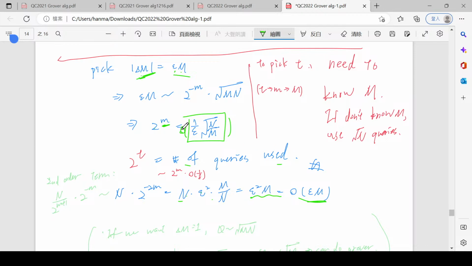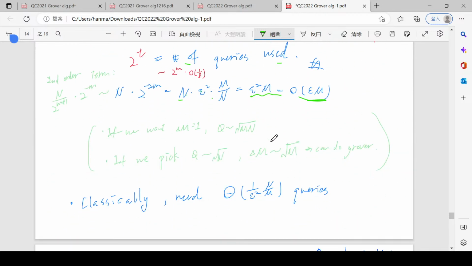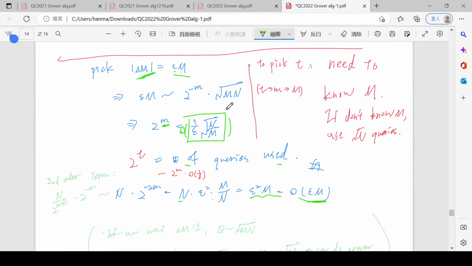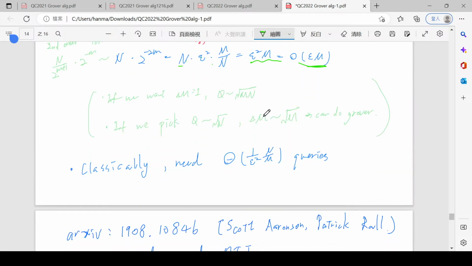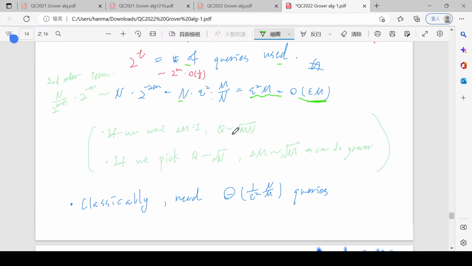So yeah, that's a proof that our quantum counting takes this number of queries. And now we have a few extra lines here.